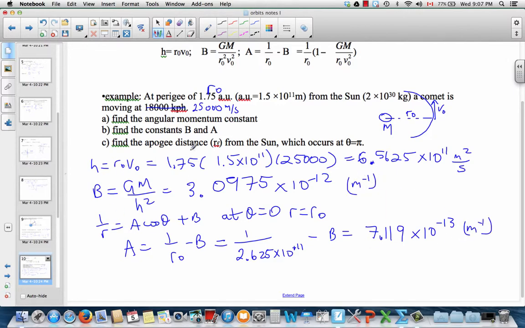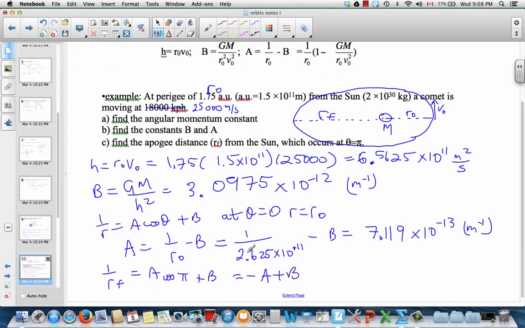So we now want to find the furthest distance from the sun. That's going to occur way over here. That'll be R far. And that's going to occur at an angle of pi. So I just take the orbit equation, and I put in an angle of pi. Of course, cos of pi is minus 1.